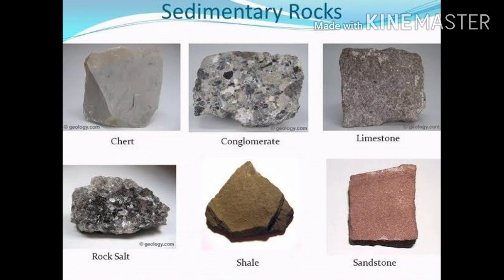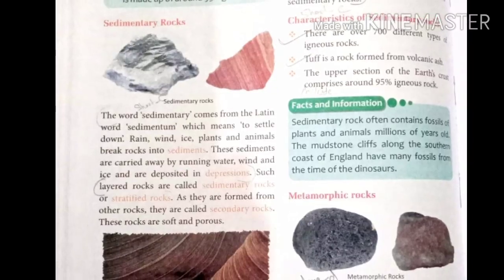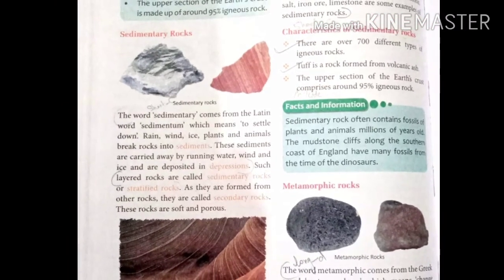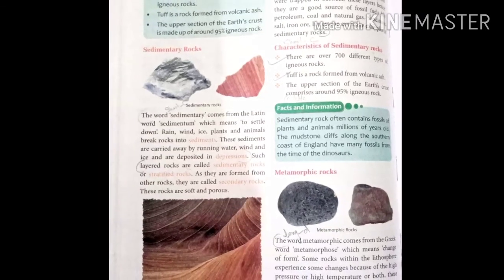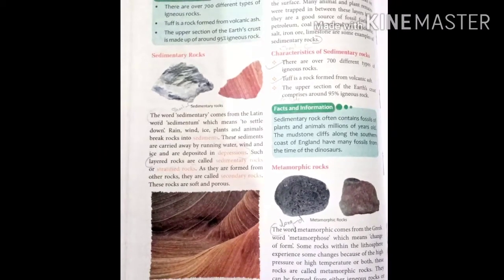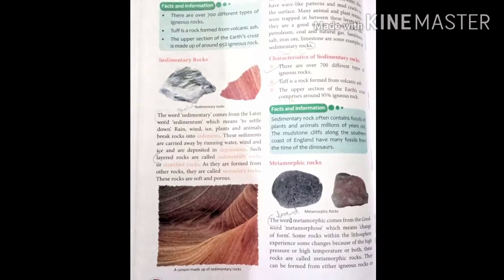And rain, wind, ice, plants and animals break rocks into sediments, and these sediments are carried away by running water, wind, ice, and are deposited and layered, and these layered rocks are called sedimentary rocks. So students, here we finished our topic. We'll continue with the sedimentary rock and its characteristics in our next class.